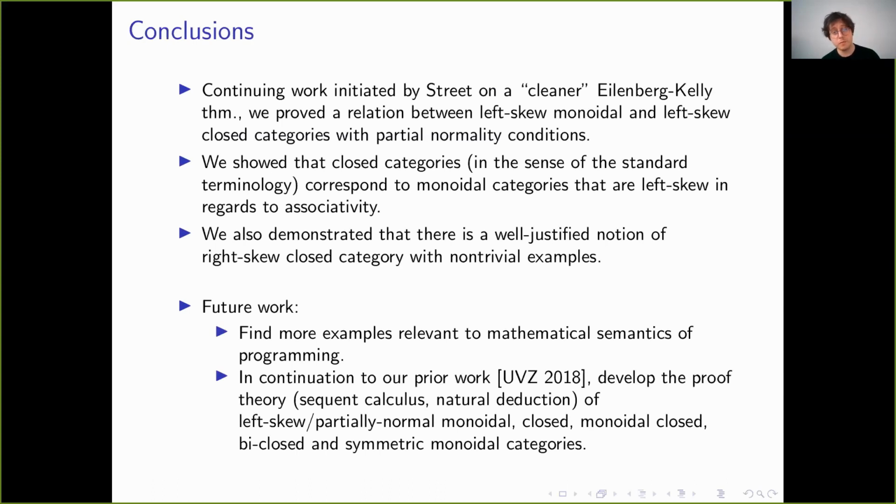Also, we demonstrated that it is interesting to consider right skew variants of monoidal and closed categories, in particular closed categories. Once we do the analysis, this notion comes out naturally, and we justify these notions with a big number of examples.